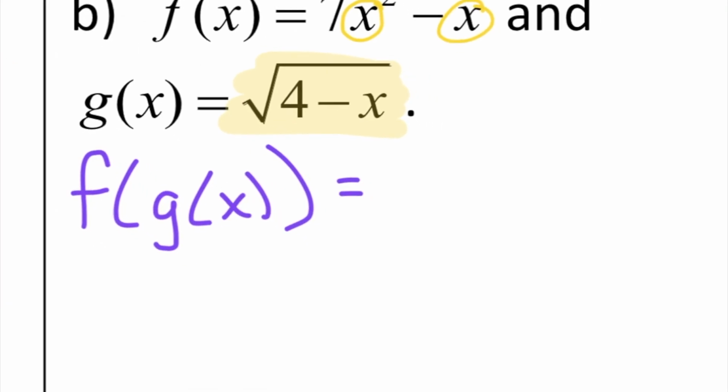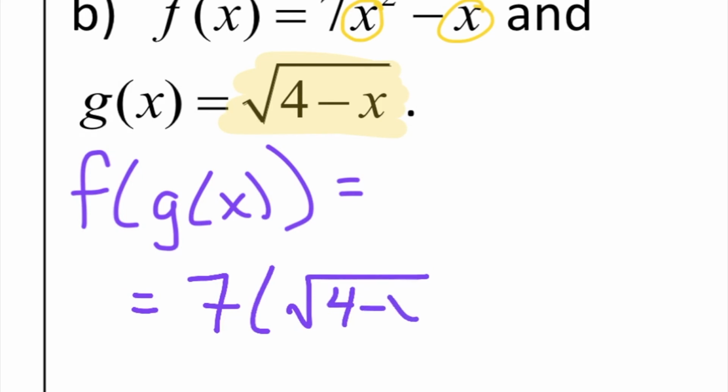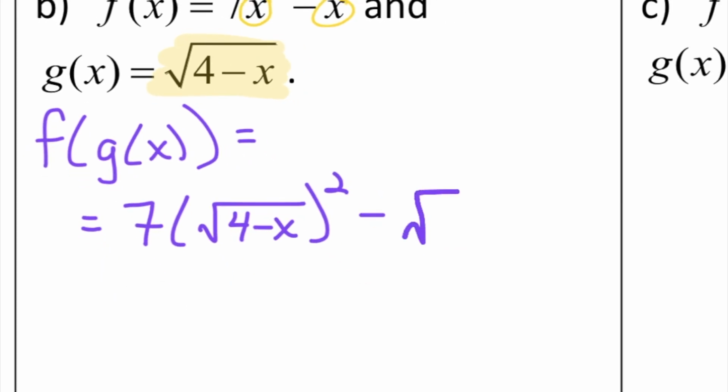And then I'm going to take 7 times, and then g is radical 4 minus x, that's squared, minus, and then the radical 4 minus x again, so that this and this are the g of x, and that's where you squared it and subtracted it.